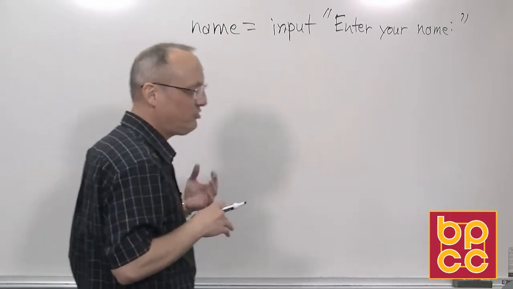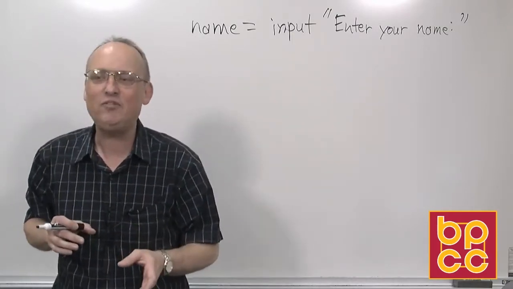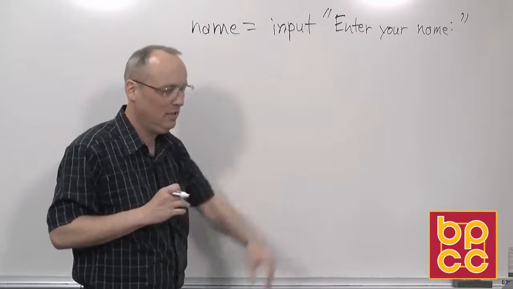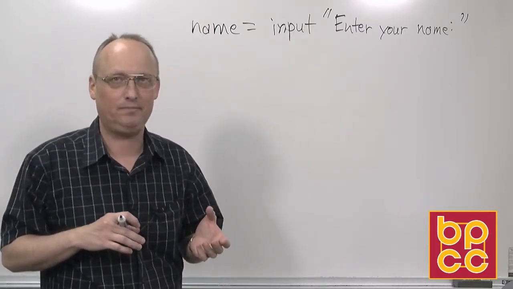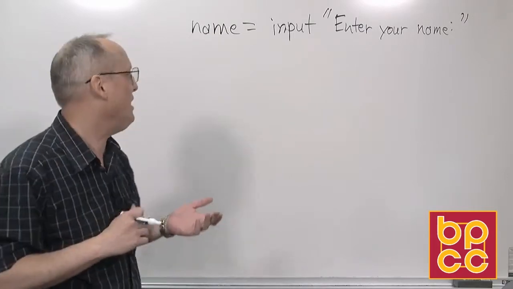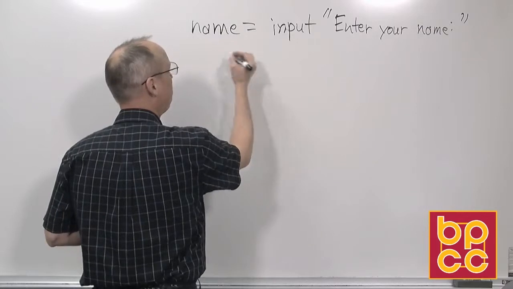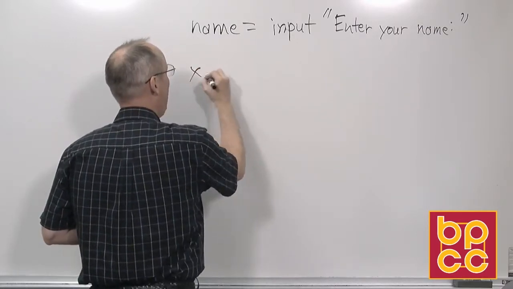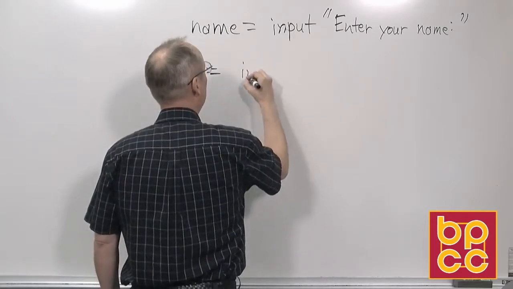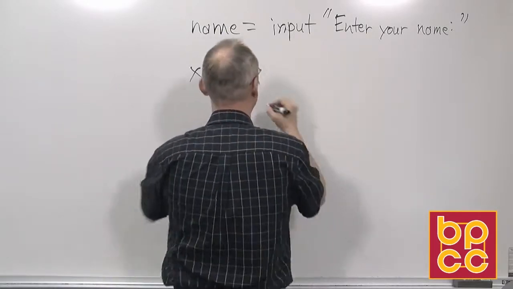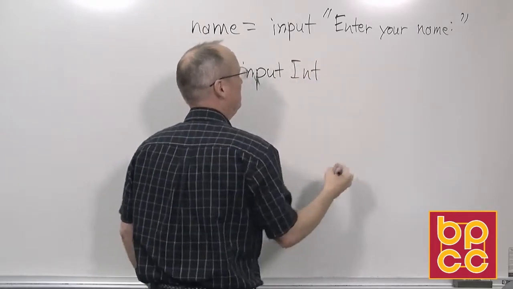If we cross over and start doing math operations, we actually have to specify in the input that we're going to have them enter mathematical values. Let's say, for instance, we'll do something like x equals, and here I will do input int.